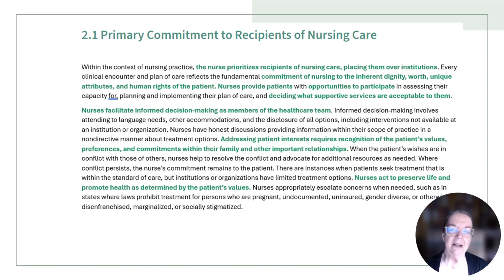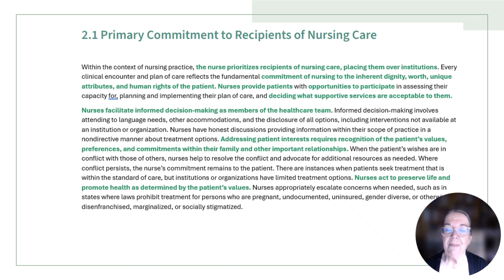in green the areas of prioritization that change when our family is our client. We prioritize the recipients over institutions. We commit to the nursing inherent dignity, worth, and unique attributes and the human rights.